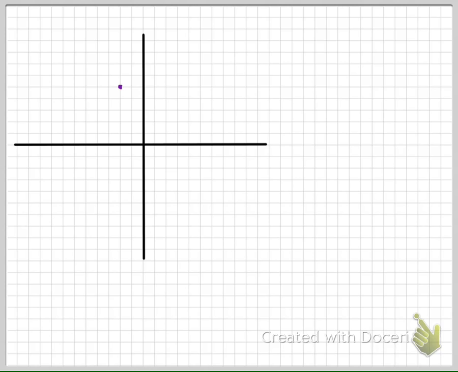So that's that point, -2, 5. And then 4, 8 means I go to the right 4 and up 5, 6, 7, 8. So now I have these, and then I can graph the line that goes between them.